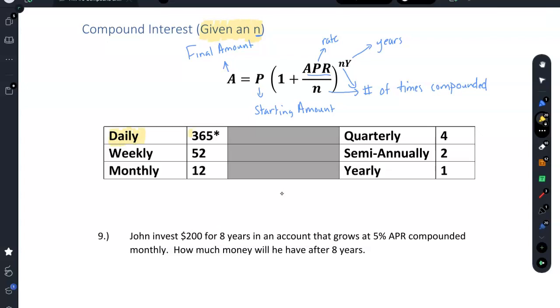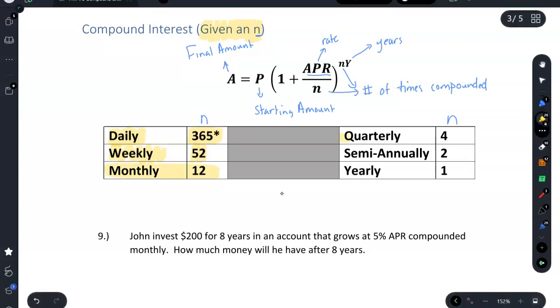If you see daily, that means 365. Now, there are sometimes that we will see a banker's rule that says daily is 360, but unless you see banker's rule, we assume that there are 365 days in a year, so it would be 365. Weekly would be 52. Monthly would be 12, right? These were all my n values.